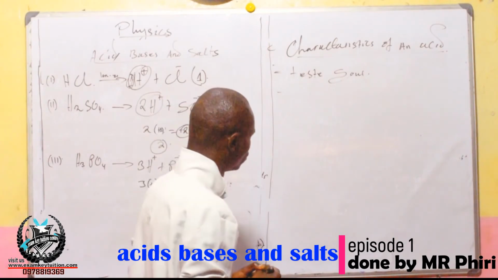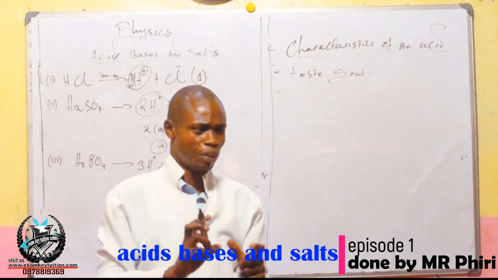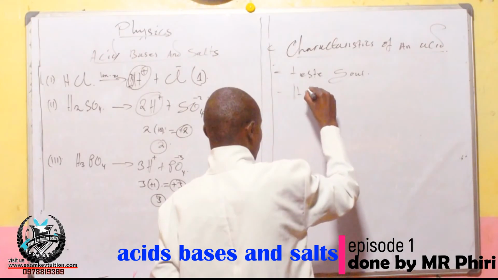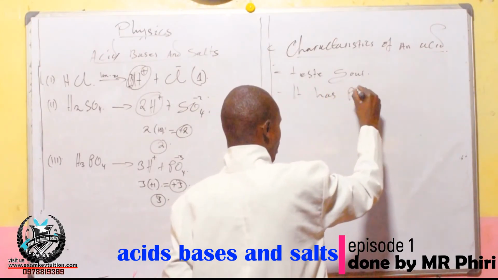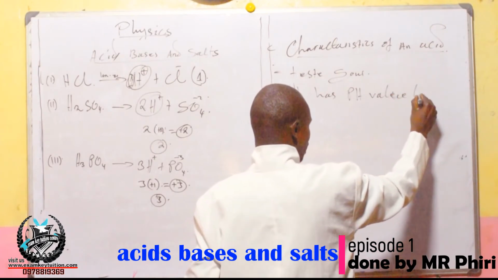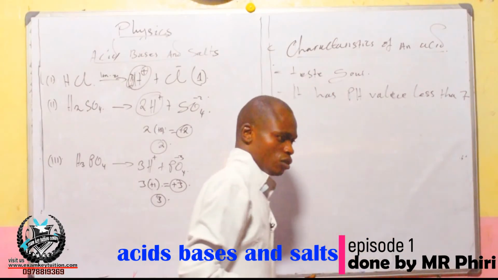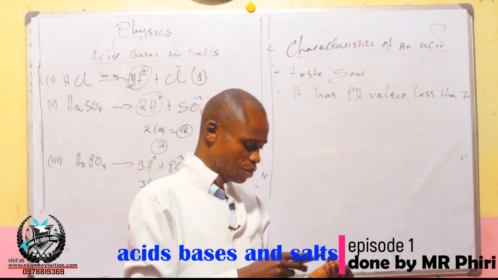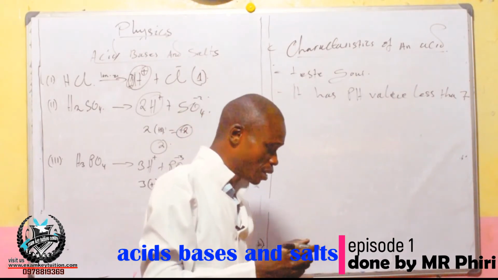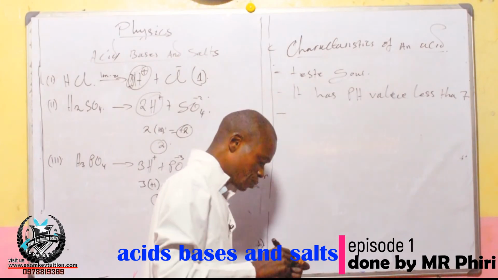Then number two, if we put it on what we call a pH scale, you realize it has a pH value less than 7. So if it is an acid, we are expecting the pH value of that substance to be less than 7.